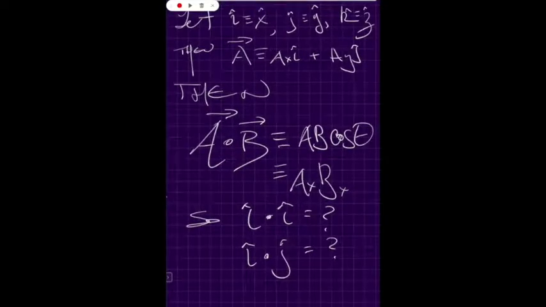I wish I could write this down. The scalar product, whatever it is, is a measurement of the extent to which two vectors are directionally similar. It's a measurement of how aligned they are. The dot product is a measurement of alignment. So on the page right here, A vector dot B vector gives you a pure number whose size is the size of A times the size of B times the cosine of the angle between them.